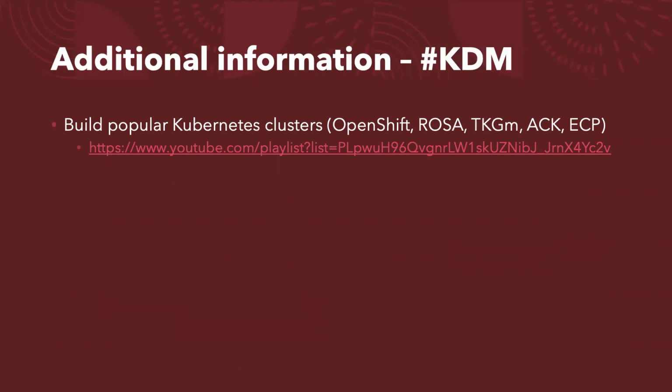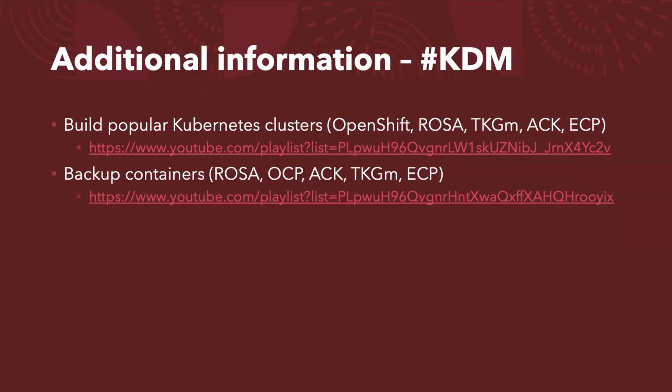I'm very passionate about Kubernetes technologies, especially Kubernetes data management. I showed you how to build popular Kubernetes clusters, including OpenShift, ROSA, VMware Tanzu Kubernetes Grid, Alibaba Cloud Kubernetes cluster, and HP Ezmeral container platform.